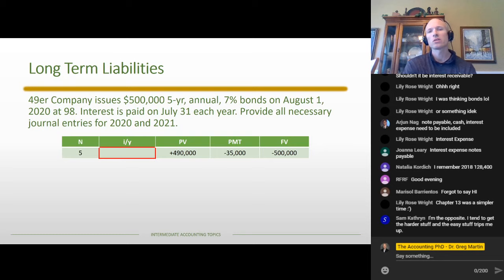Notice that the $490,000 is a positive because from 49ers' perspective, they're receiving that $490,000, whereas the $35,000 and $500,000 are negative numbers because those are payments that 49er is going to have to make. That's why we have to make sure we get the signs right. So let's see, does anybody get an interest rate? Hopefully you've got your TVM calculator out and you can get a rate on this bond.